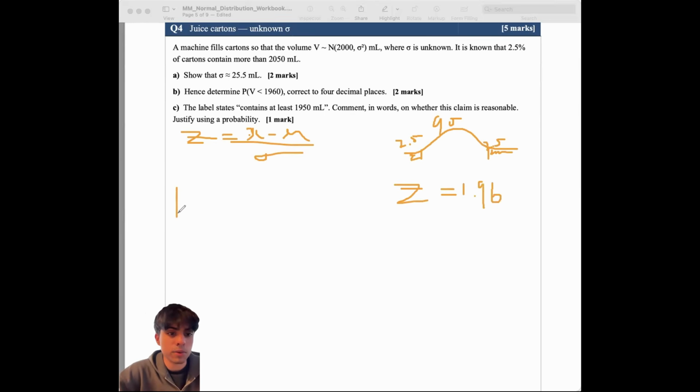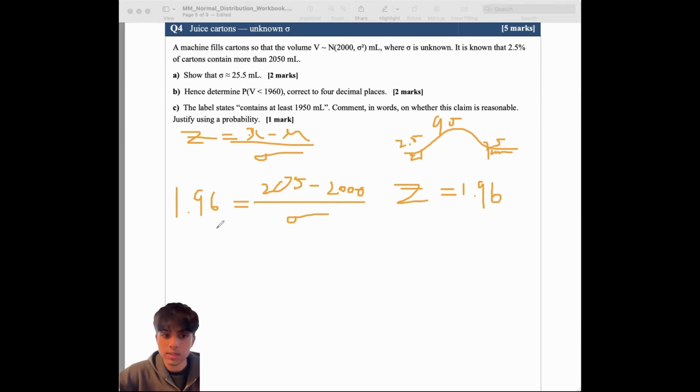So we have a z-score of 1.96, and we also have the x value at this particular point, which is 2050. We have the mean of 2000, and we want to find the standard deviation.